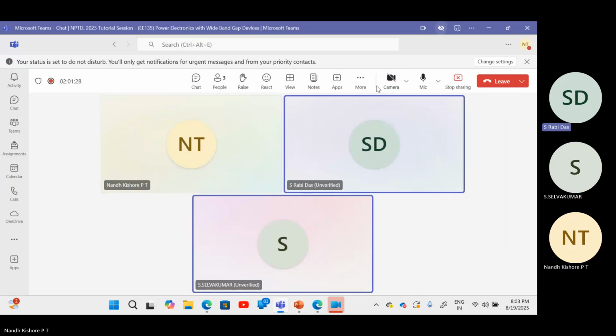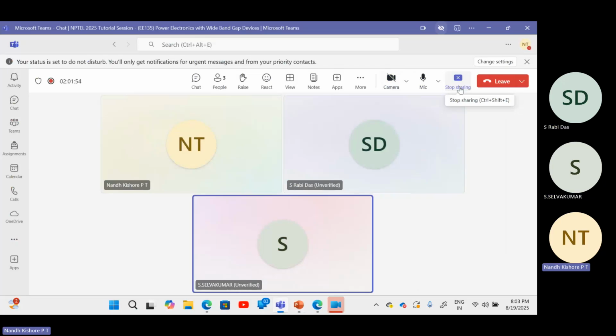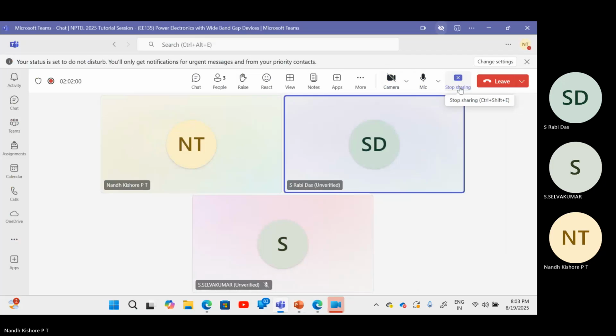Excuse me. Hello. Excuse me. Can you please tell me which professor in IIT Delhi is working in this field, on high power devices, high power MOSFET things?